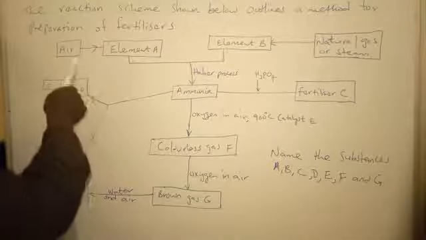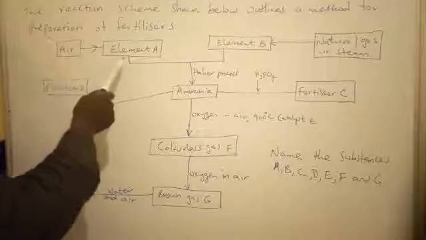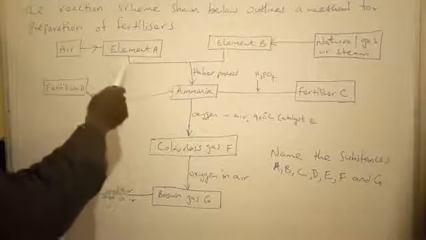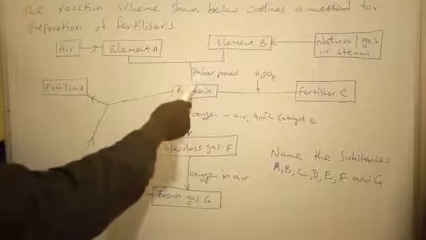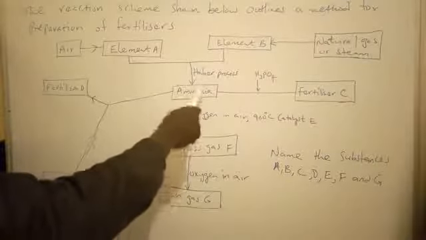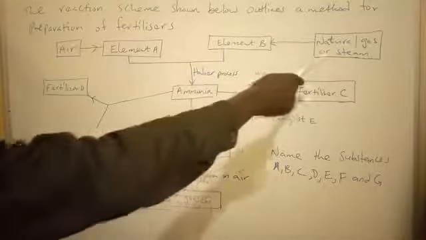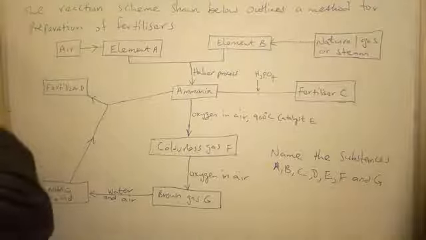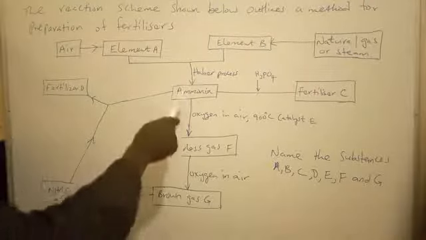Number one, we have air, and we are told from this we go to element A. From element A, we are coming into a Haber process and we're forming ammonia, natural gas, element B, and all that. The guideline, or rather, the route to this question is here.